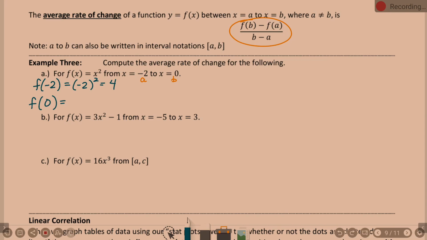What about f of 0? Big math here. If f of x is x squared, f of 0 is 0 squared, which is 0. So we just found f of -2 to be 4 and f of 0 to be, shocking, 0. I know. Shocking math here.